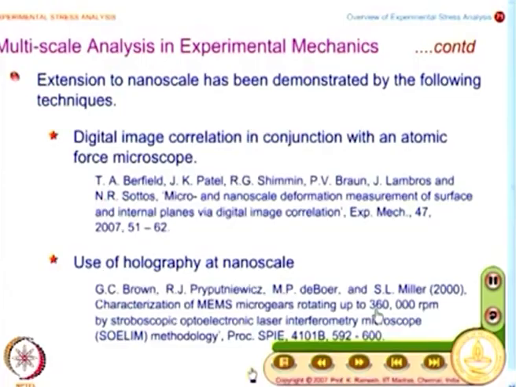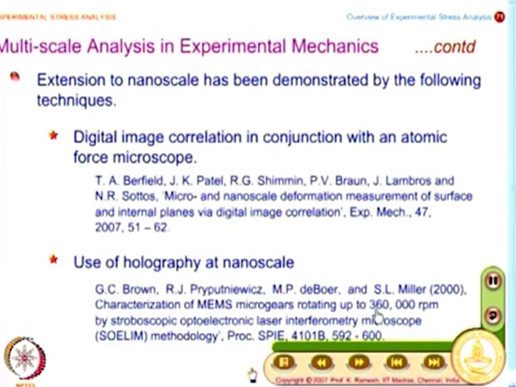People have done experiments on such miniaturized and such high speed applications, and this is done by stroboscopic optoelectronic laser interferometry microscope. It is a very sophisticated methodology. Only very few people in the world could achieve such a high level of precise experimentation.